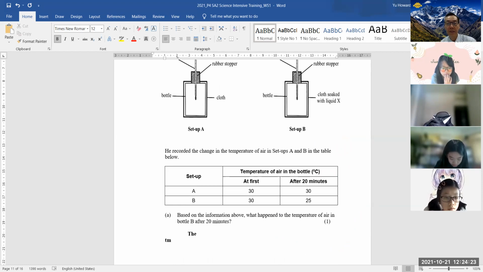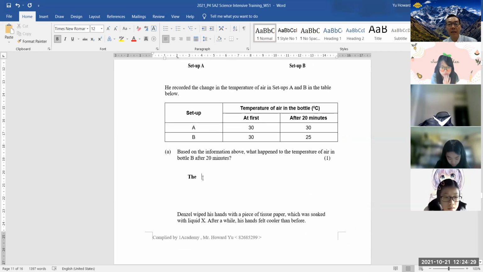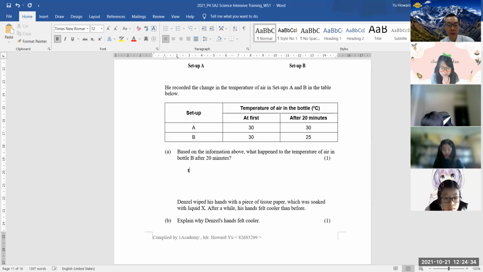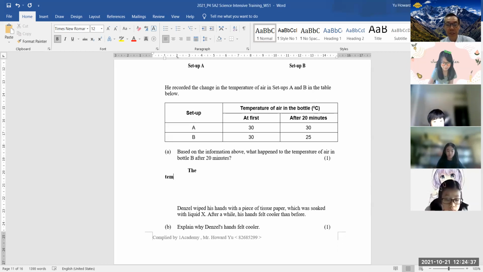The temperature of air in bottle B drops from 30 degrees C to 25 degrees C.